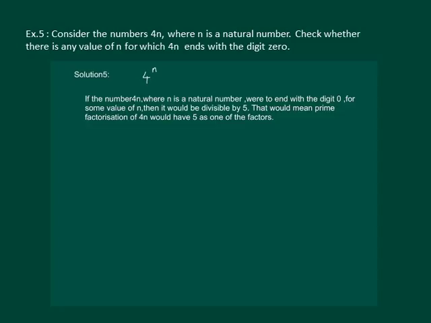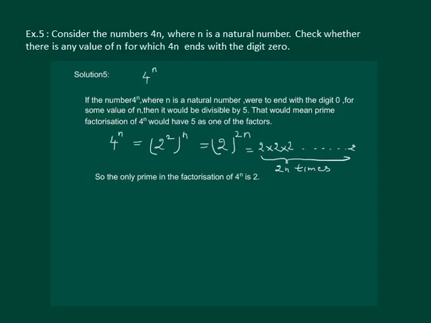So let us try to factorize 4 power n. This can be written as 2 square whole power n, which is the same as 2 to the power of 2n. That means its prime factorization is 2 into 2 into 2 and so on, 2n times. So the only prime in the factorization of 4 power n is 2.